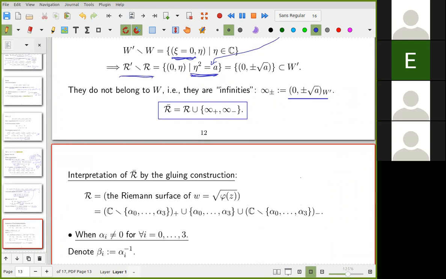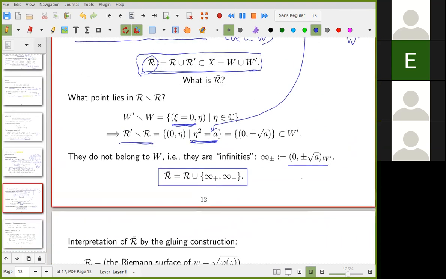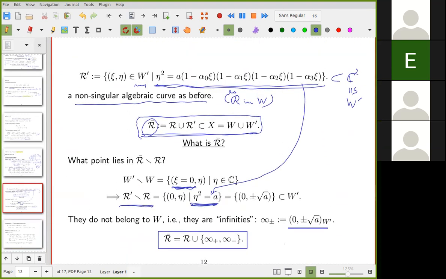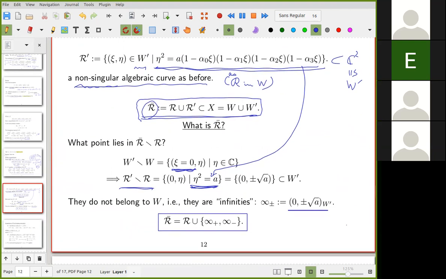So what is this? Well, we have already mentioned that R prime is a non-singular one-dimensional complex manifold. So these new points, these infinities, are non-singular points.